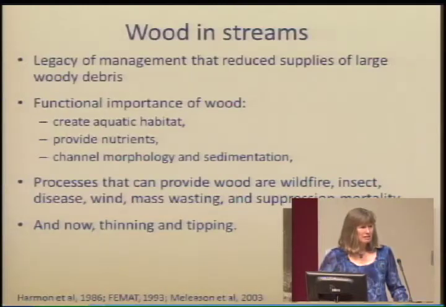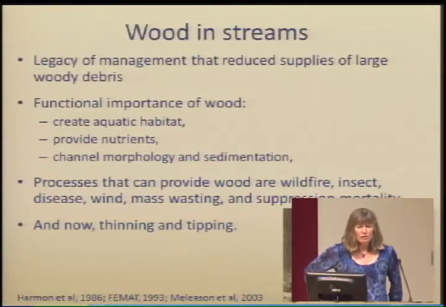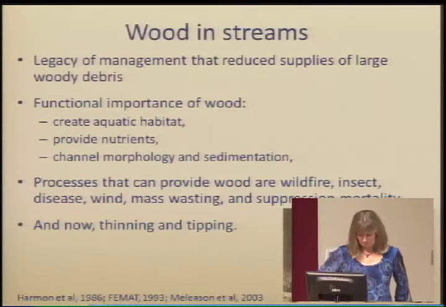Different processes provide the wood: wildfire, insects, disease, blowdowns, mass wasting, debris flows, as we just heard about, and mortality from all these different sources, as well as natural mortality. And now we focus on what happens in thinning, and we do a process called tipping, which we're modeling now. I'll talk more about that as we go on.